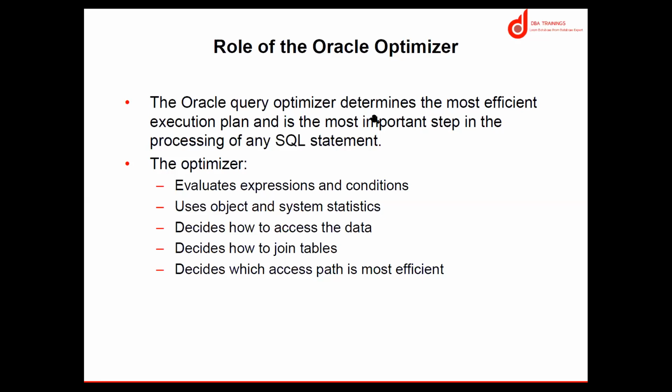Then it will choose the approach for how it is going to perform. The optimizer basically determines the goal of optimization, and then looks into the access path, which is the easiest way to access my table. Accordingly, the optimizer will choose the best path to reach your table data.